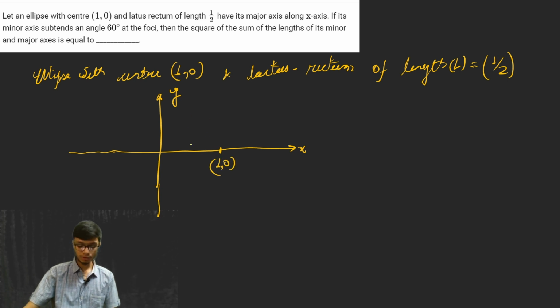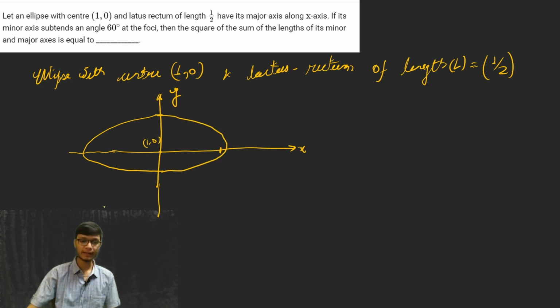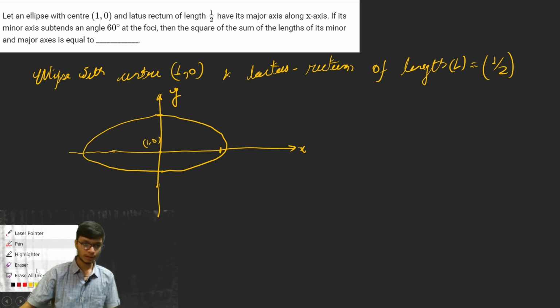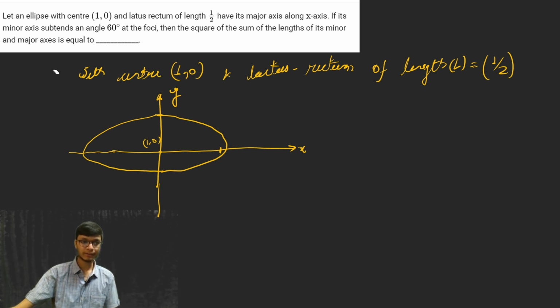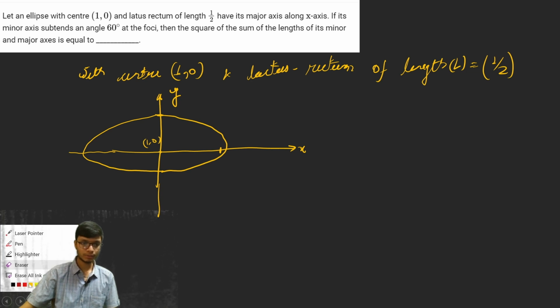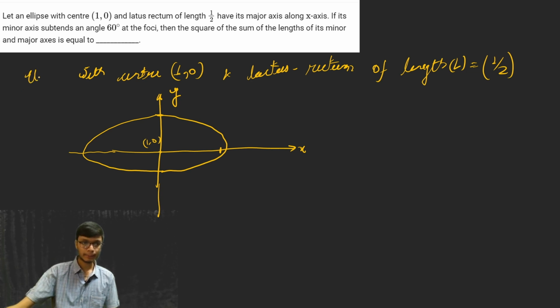If you say that this point is (1, 0), then the ellipse will look something like this, with the major axis as the x-axis. Don't go by my diagram, I'm trying to draw it as roughly as possible. I will correct my handwriting, I'm trying to get better at it. So that's the ellipse.